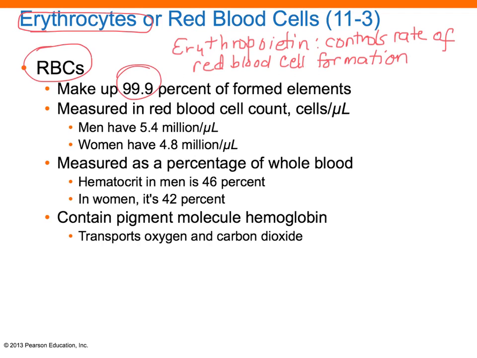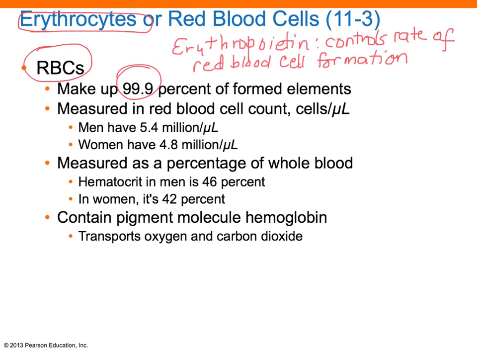As a matter of fact, if there is a drop in the level of oxygen, the more erythropoietin will be released in the kidneys and liver, because the more erythropoietin, the more red blood cell production, which means that there can be a more efficient pickup of oxygen.